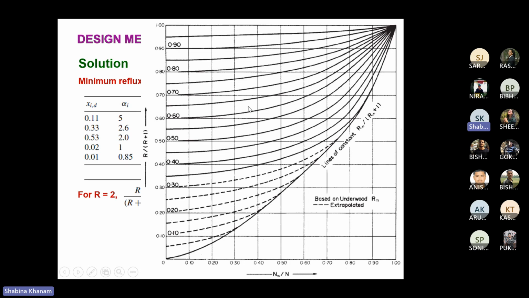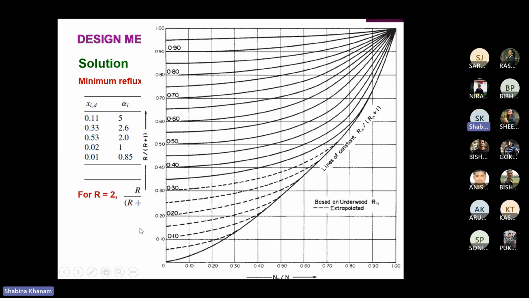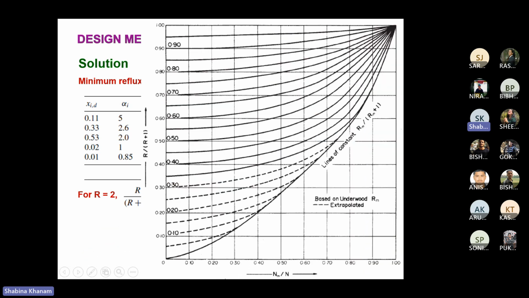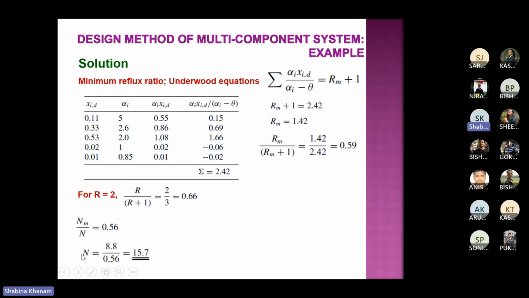Once you consider this point, it is coming as 0.56 nm by n, because on the x-axis I am having nm by n, so that value you can find out. Then n should be nm, you have already calculated 8.8, divided by this, so 15 by 0.6 should be the number of trays.